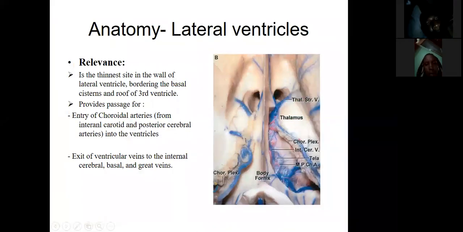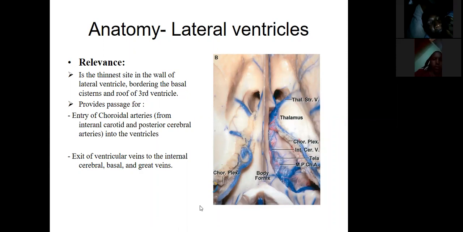So this choroidal fissure is really relevant because it is the thinnest side of the wall of the lateral ventricles, bordering the basal cisterns and the roof of the third ventricle. Through this choroidal fissure, the neurosurgeon has access to basal cisterns depending on the side from which he opens the fissure.